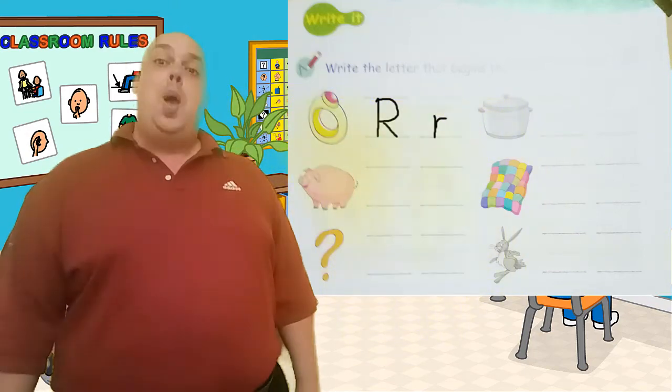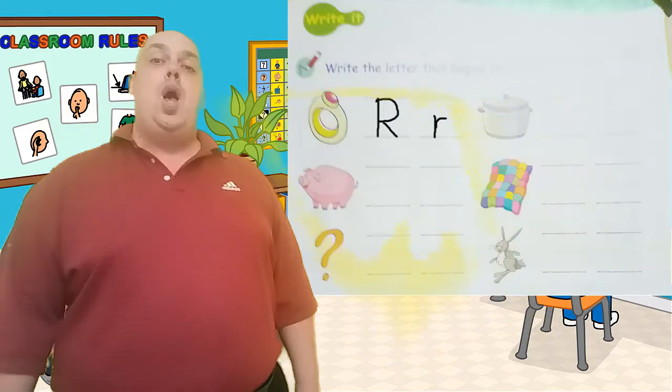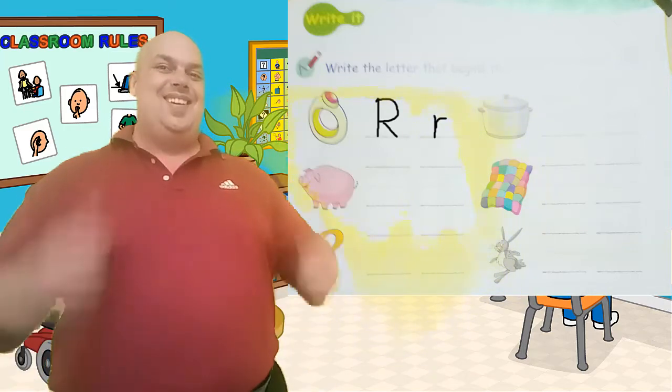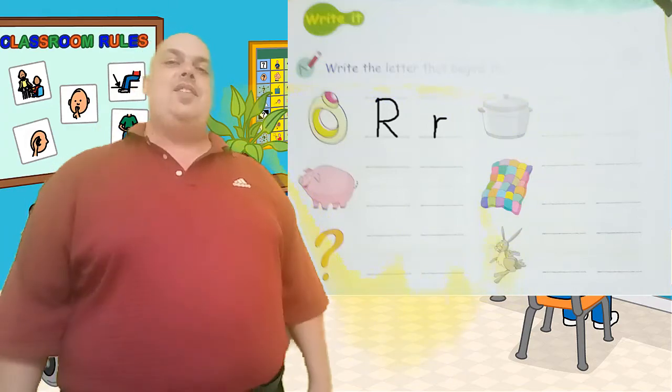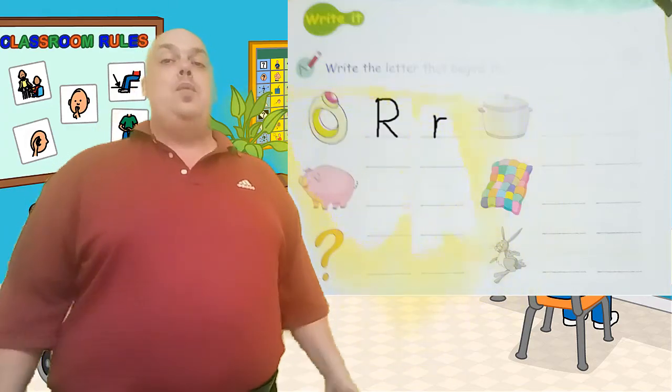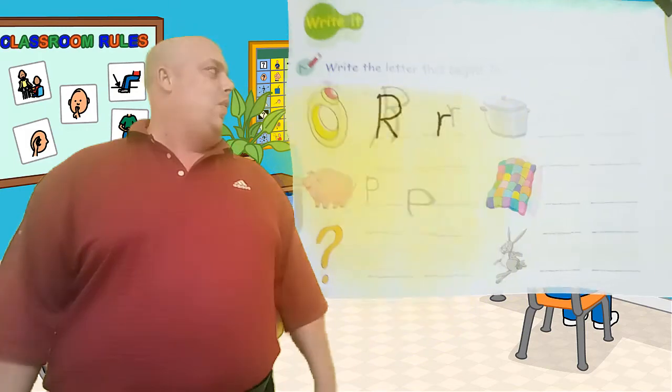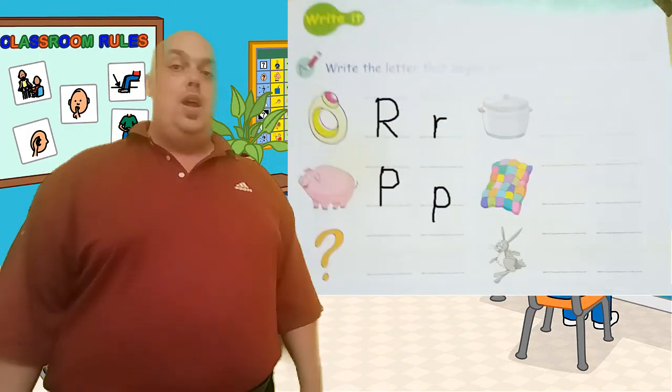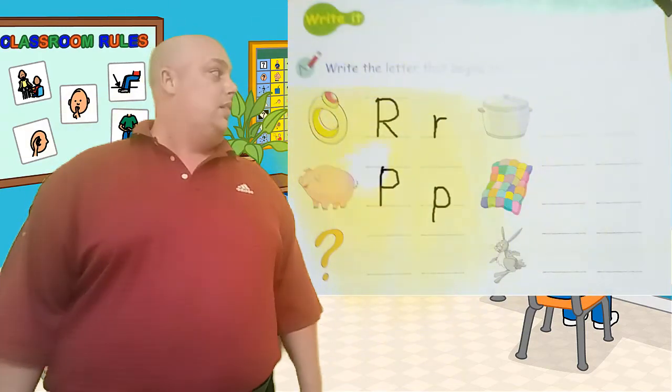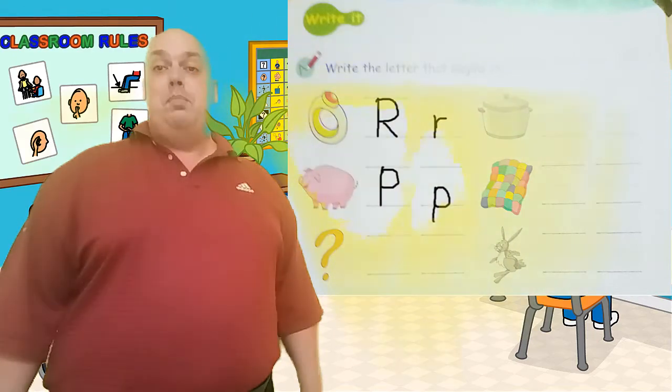We have a pig. What is the first letter of pig? Did you say P? Good job. Yes, of course. Pig starts with letter P. So first we're going to write the big P and then the small p.